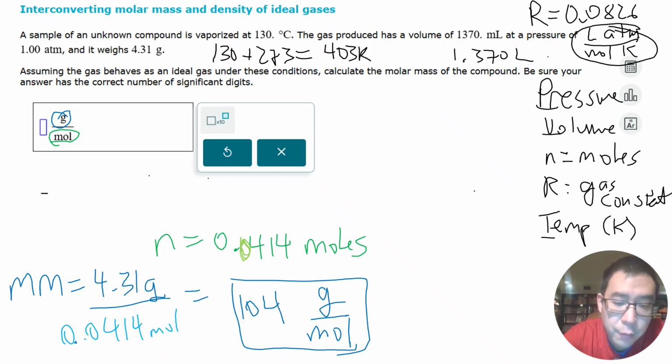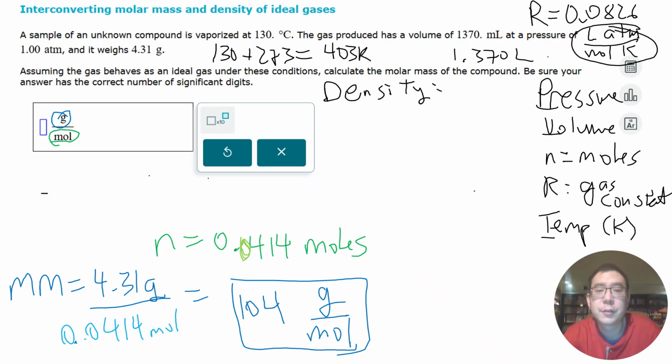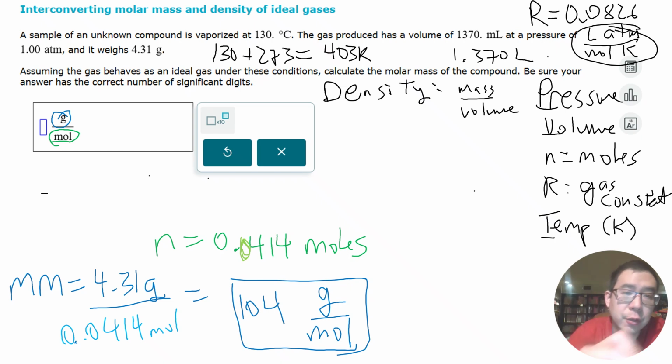There are a couple of other things that we can find. We can find, for example, the density of the gas. What's the density of the gas? Well, density is mass over volume, right? D equals m over V. Do I have a mass of this gas? Sure I do. It's 4.31 grams.